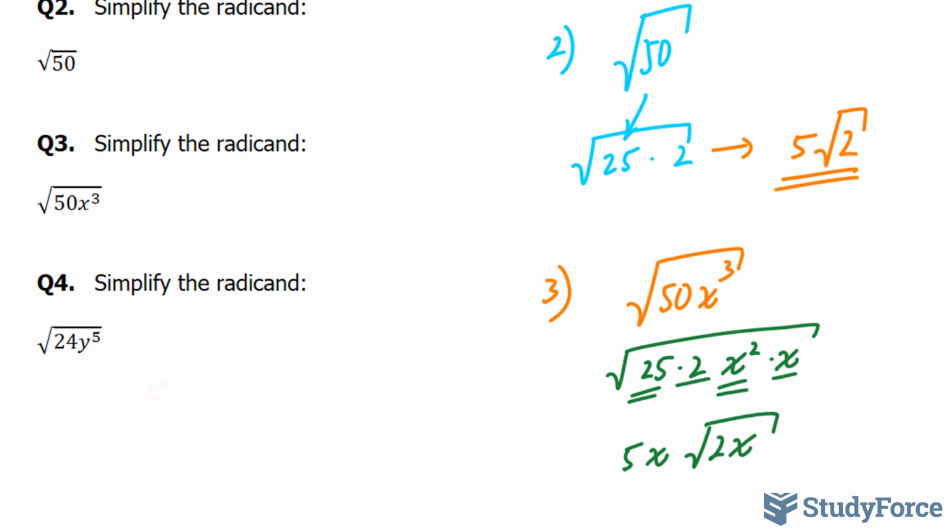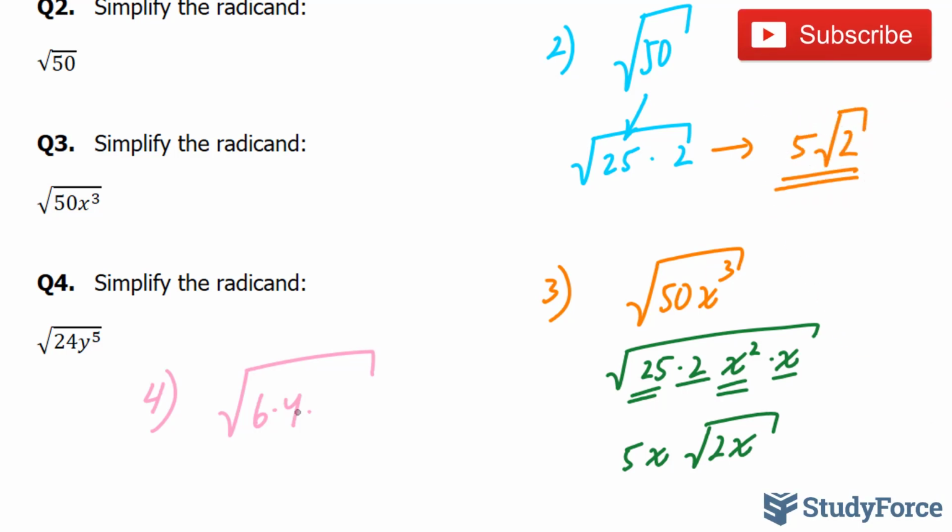Lastly, in question 4, we have the square root of 24y to the power of 5. Fortunately, we can break 24 down into 6 and 4. 4 is a perfect square. 6 isn't. So let's start off by writing that. 6 and 4. Similarly, y to the power of 5 can be broken down into y to the power of 2, which is a perfect square, y to the power of 2, and y.